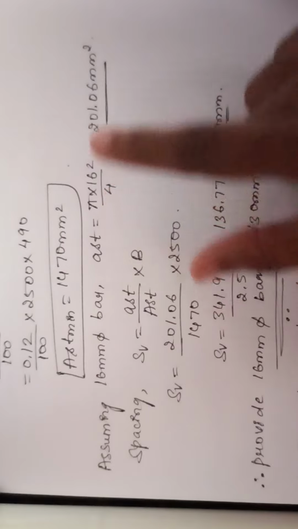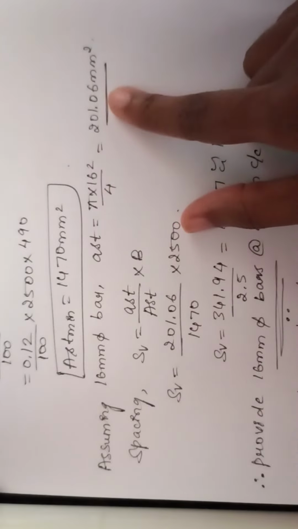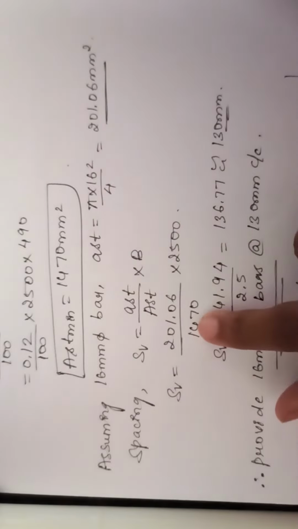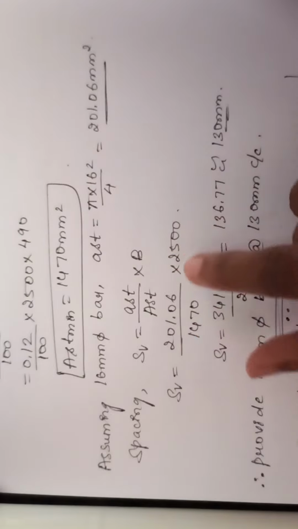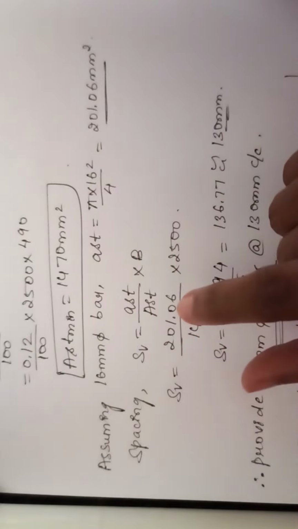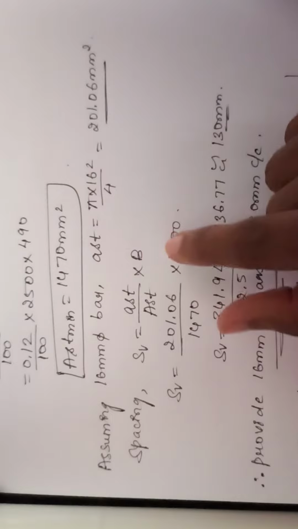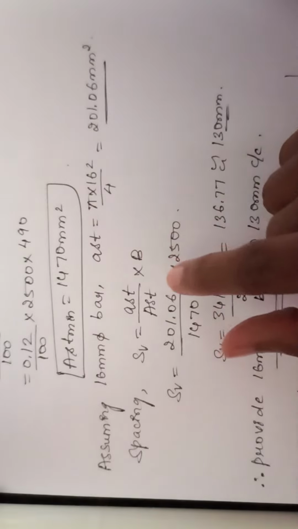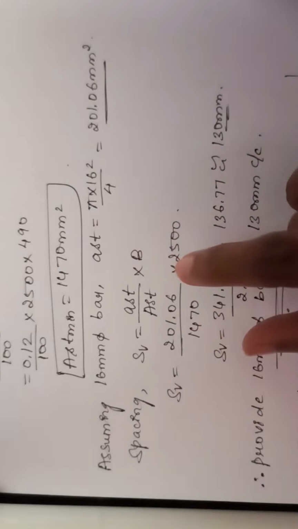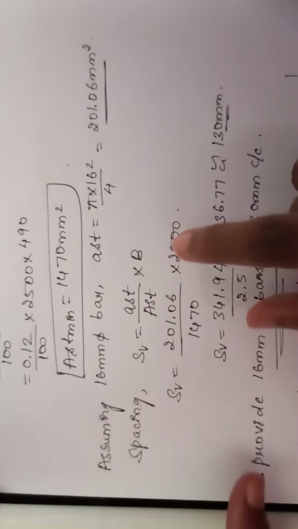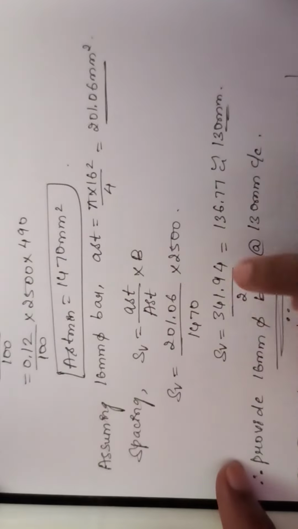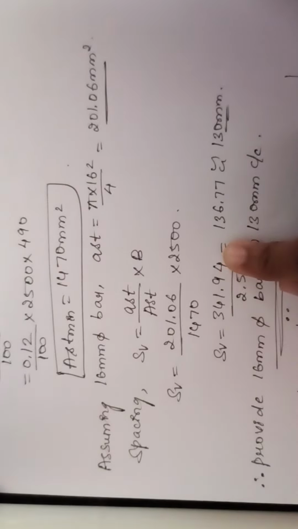Whatever values you have found, the same values have to be written here, where the value of B is 2500. We always have to keep B in terms of mm whenever we do spacing calculation, because each and every term will be in terms of mm itself. Now on simplifying the whole thing, we will be getting a value of 341.94 in terms of mm.